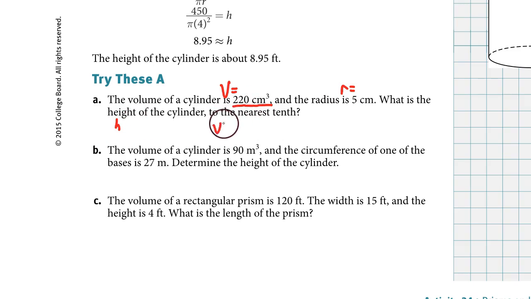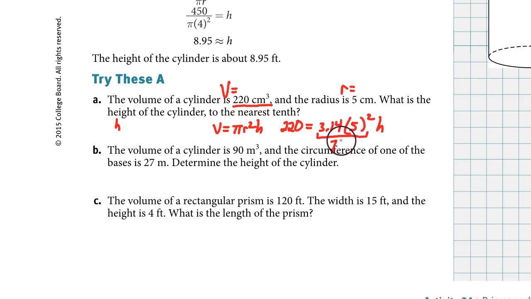So we're going to use the volume formula for a cylinder, V equals pi r squared H, and make our substitutions. 220 goes in for V, 3.14 goes in for pi, and 5 goes in for R. The letter H is the one we don't know. Now you can multiply 3.14 times 5 squared to get this as a single number.